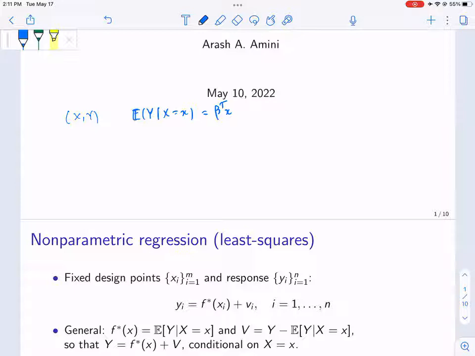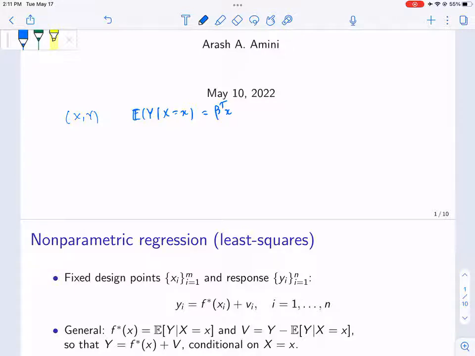For example, you could do KNN, K nearest neighbors. That's a universal estimator. You could do partitioning estimators: you partition your space X into pieces, and you average values of Y over each piece. That's another universal estimator. But in order to say something about how fast you can converge, it could be very slow. If this function is very complicated, it could take a lot of samples to get close.